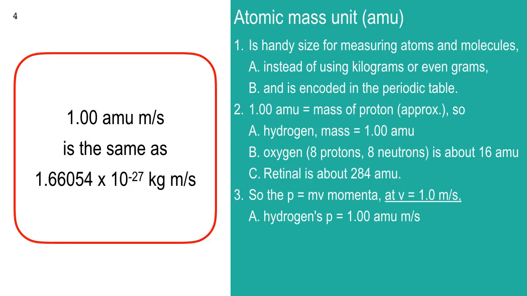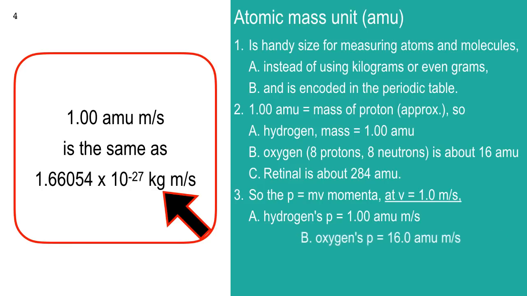There it is, over on the left side of the screen in that red outlined box. But that's a whole lot of digits, and 1.00 AMU meter per second is perfectly fine. When you're working with atoms and molecules, it's sometimes a lot easier to stay in these units. Eventually you might want to convert to kilograms or grams, but this one's fine. They're equivalent in terms of momentum.